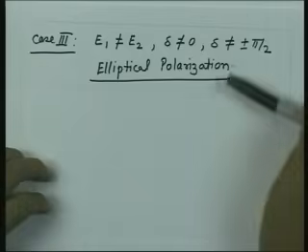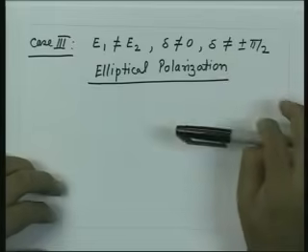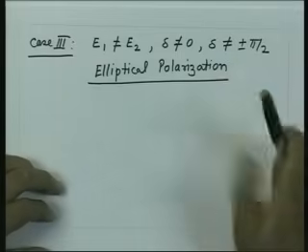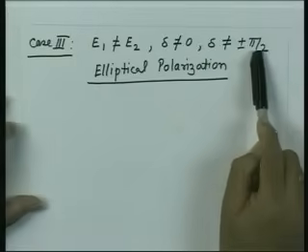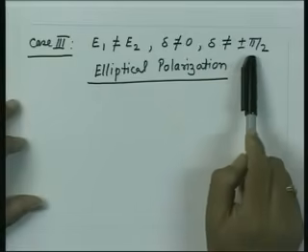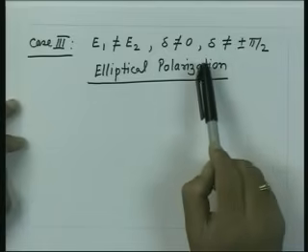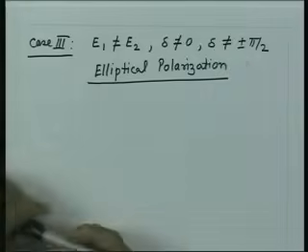Again, as far as the sense of rotation is concerned, the argument which we had in case of the circular polarizations is valid. That is, if delta is positive, then it will have a sense of polarization which is left-handed. If delta is negative, then we will have a sense of polarization which is right-handed.